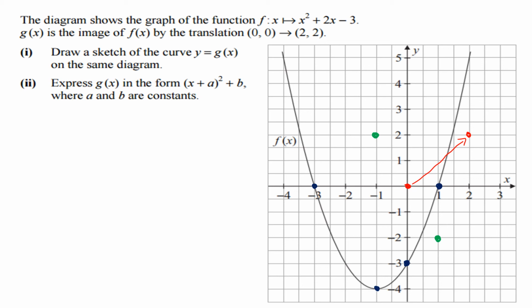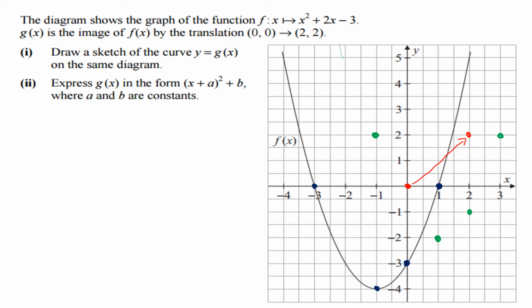My y-intercept was at 0, -3, so it's going to move 2 to the right and 2 up. It now is here. I then have the second root, which was at 1, so I move 2 to the right and 2 up. So now I have my quadratic that has been translated from my original.